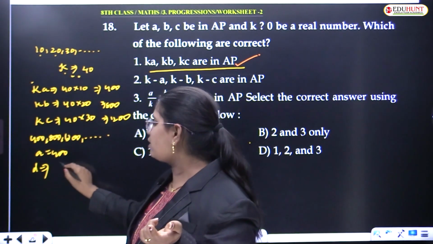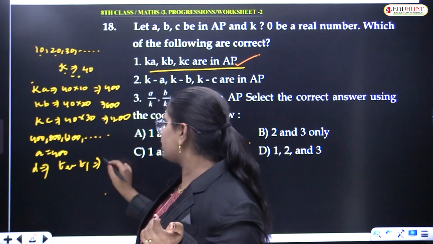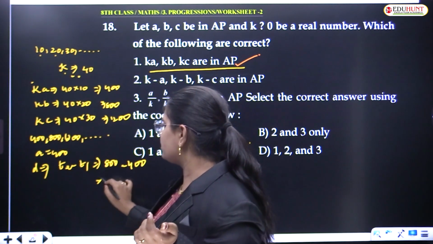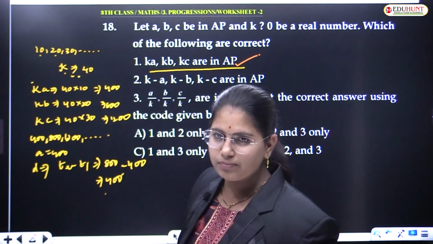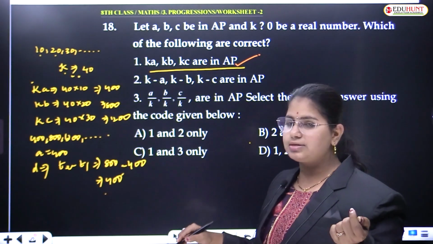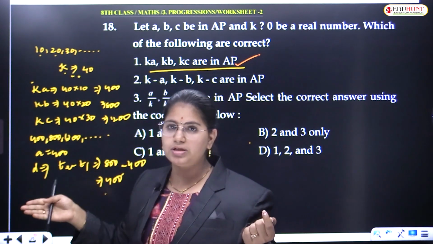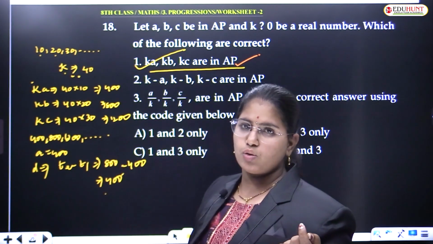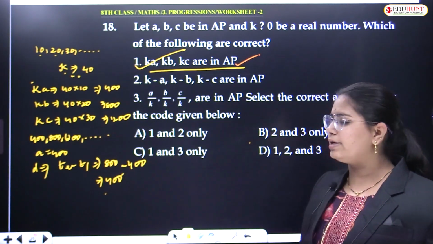Let me take T2 minus T1. 800 minus 400. So what is the value? It's again 400. The common difference is constant. So here 400, 800, 1200, that means KA, KB, KC are also in AP. Correct. So I have elaborated with the example.